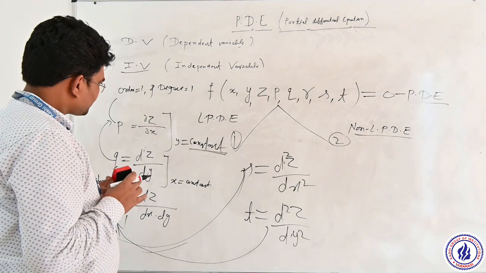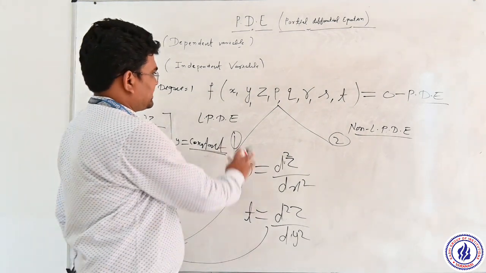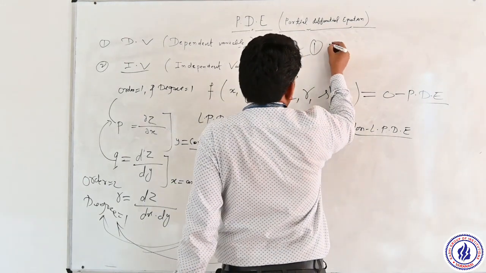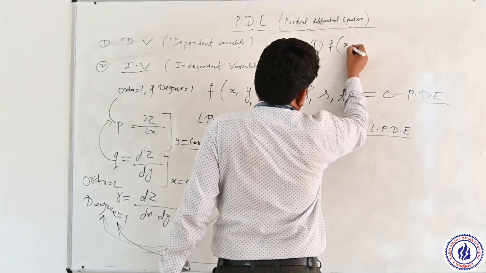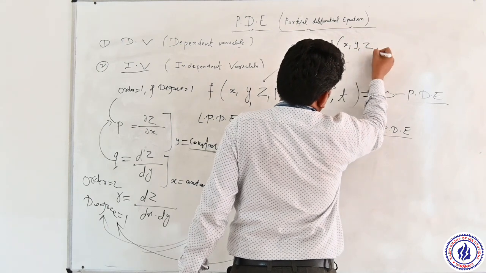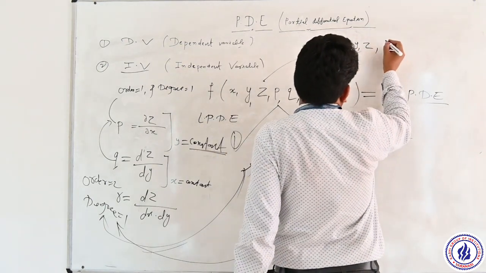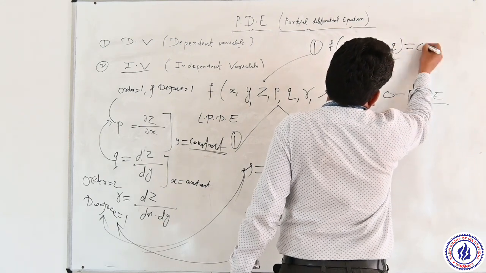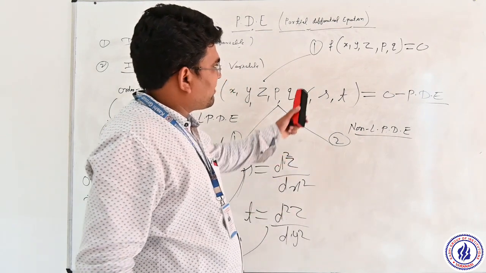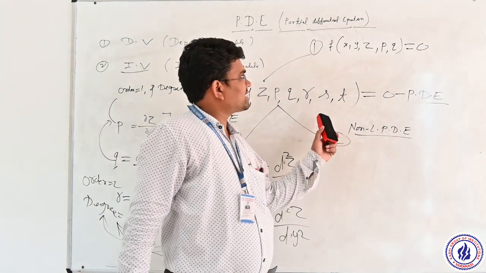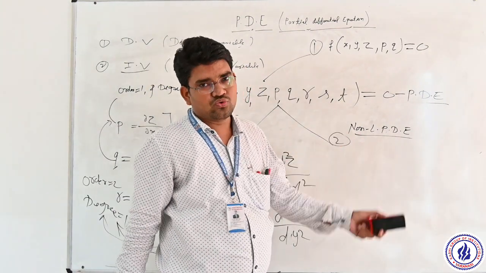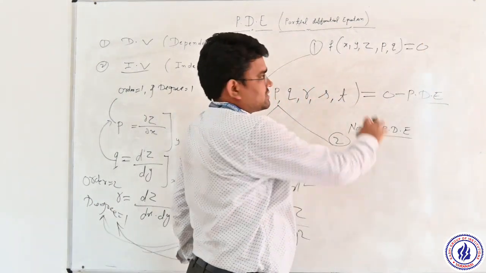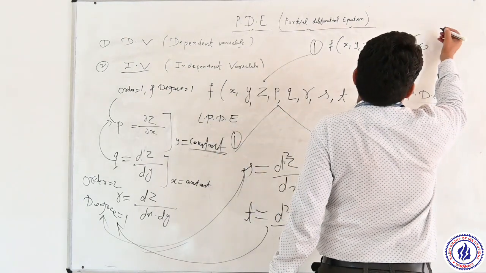If the PDE has x, y as independent variables and z as the dependent variable, and only p and q, that is x, y, z, p, q, then such a PDE is called a linear partial differential equation.